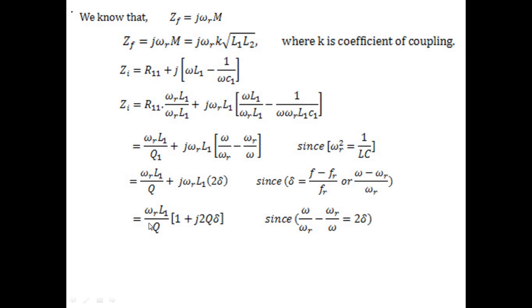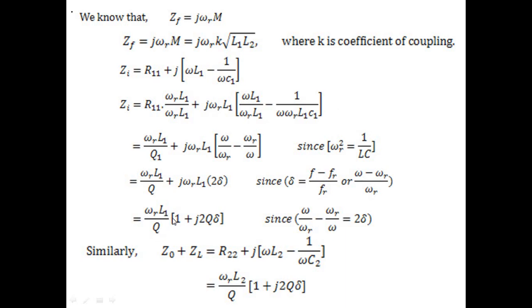This is the simplified formula: omega R L1 by Q into 1 plus J into 2 delta into Q. Similarly, write the formula for Z0 plus ZL, which is equal to R22 plus J into omega L2 minus 1 by omega C2. You will get the formula as omega R L2 divided by Q into 1 plus J into 2 Q into delta. This is in terms of L1 and this is in terms of L2.